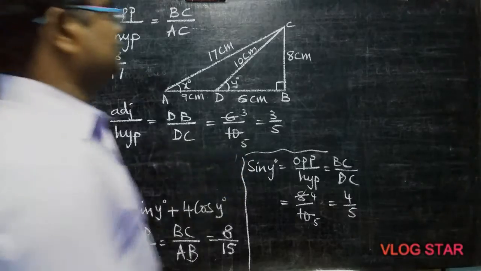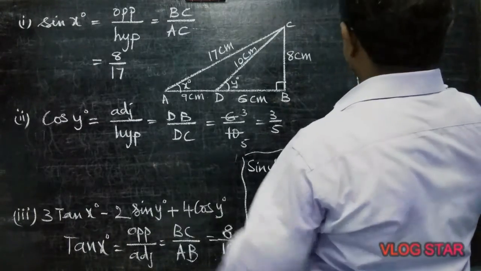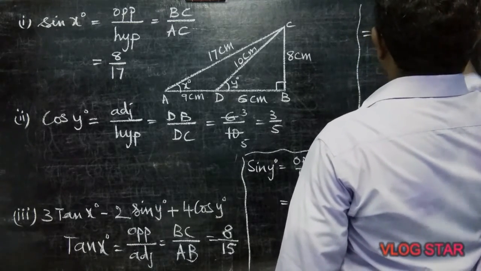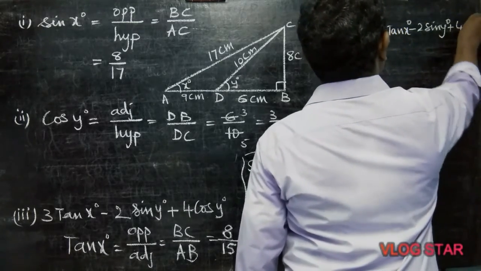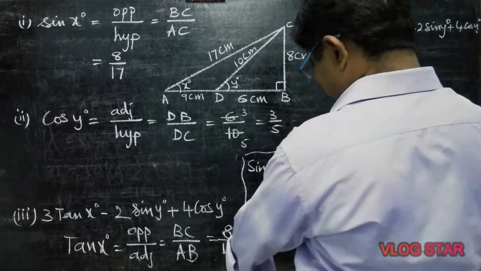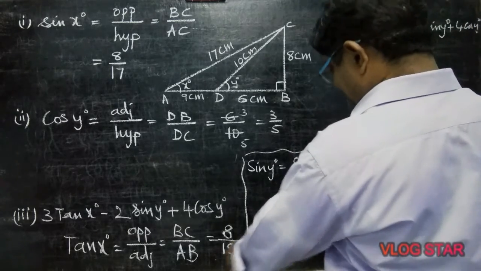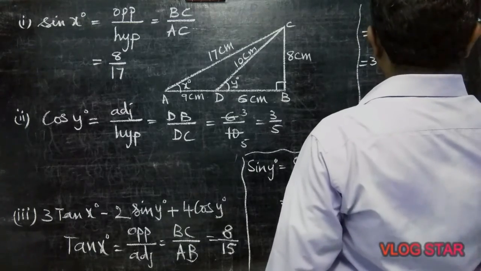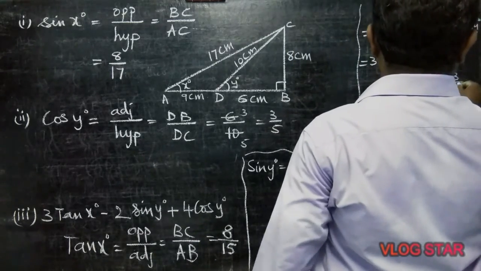Cos y we already found. Now substitute. 3 tan x degrees minus 2 sin y degrees plus 4 cos y degrees is equal to 3 into tan x, tan x is 8 by 15, minus 2 into sin y, 4 by 5, plus 4 into cos y, 3 by 5.